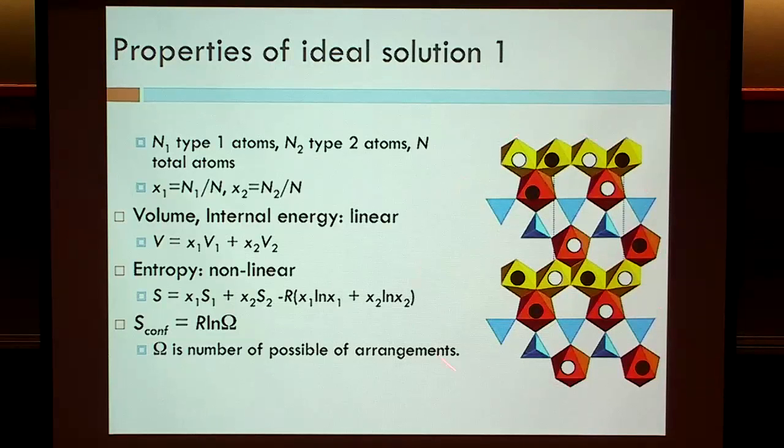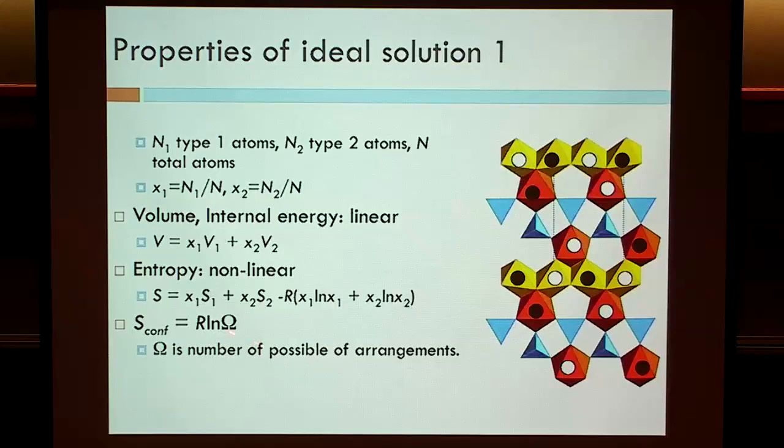Here's the crystal structure of olivine. You have these octahedral sites where the magnesiums and irons can go. Because the magnesiums and irons don't interact very strongly with each other, you count all the different ways you can arrange the magnesiums and the irons over the available sites.